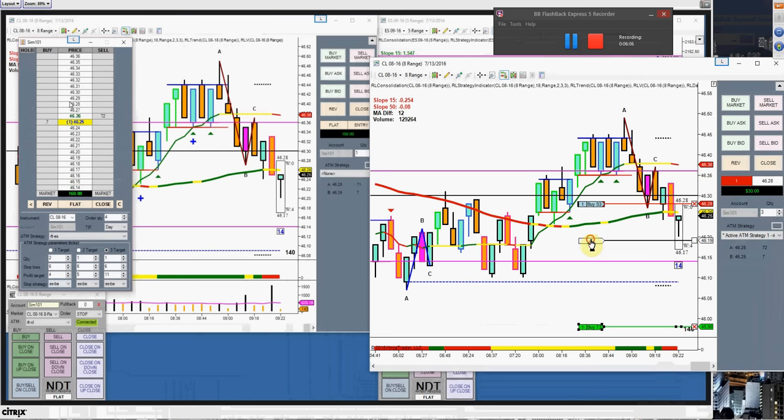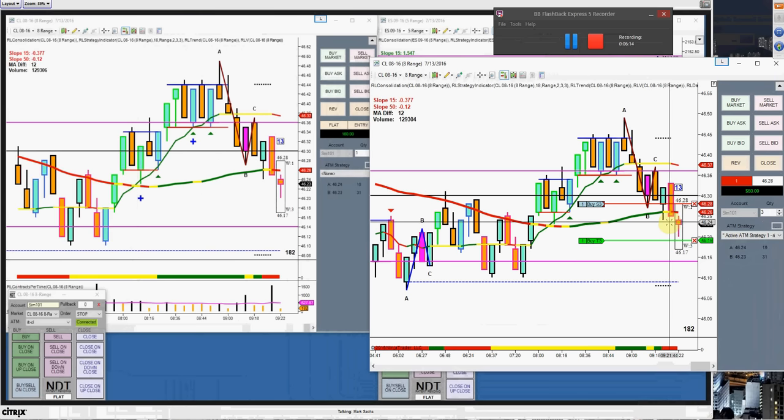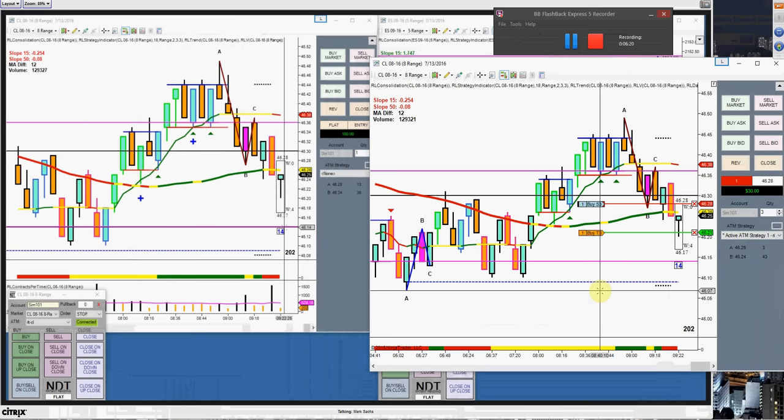I'm going to leave this at break even just in case the market does come back down. As you can see here, he's already banked his profit. So let's see if we can squeeze a few more ticks out of that trade.